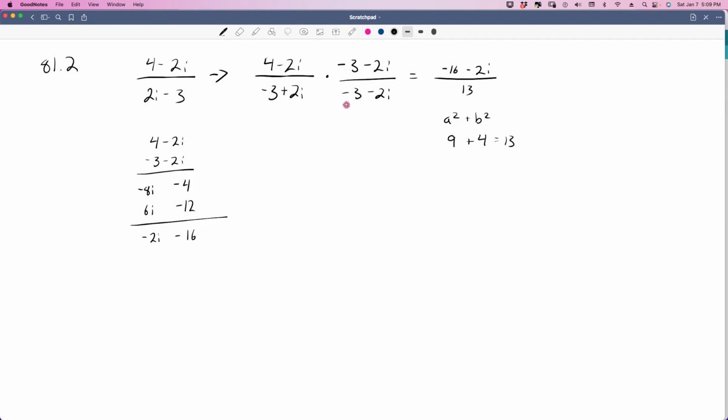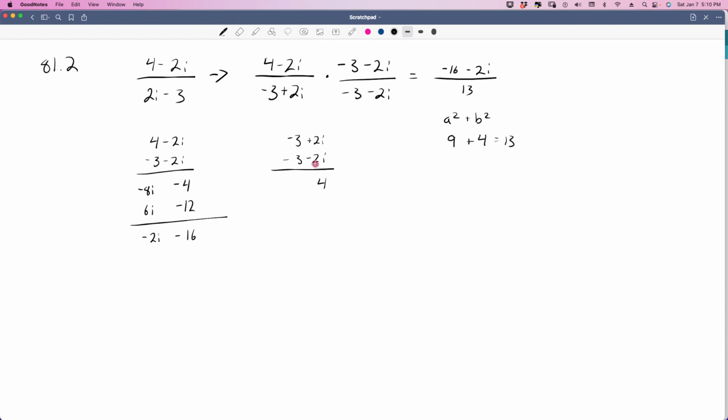So let's go ahead and conjugate the denominator just to double check our prediction. Negative 3 plus 2i, negative 3 minus 2i. Negative times positive is a negative 4 times a negative 1 because of the i squared. It's going to be a positive 4.